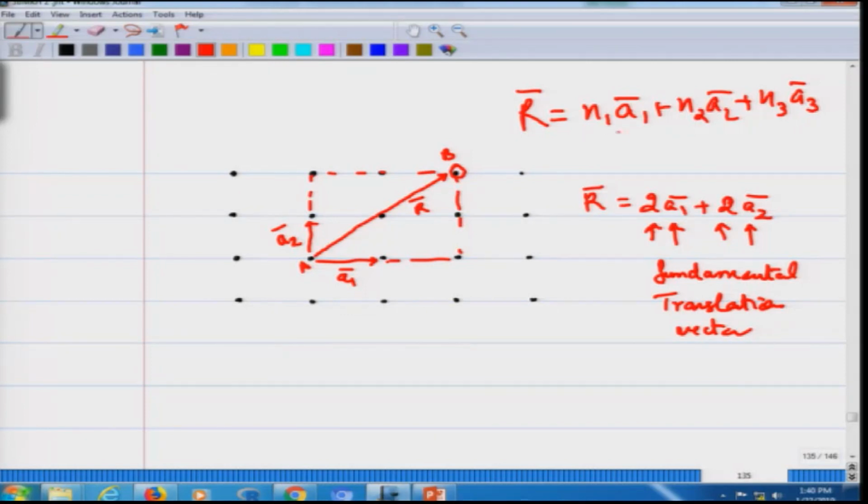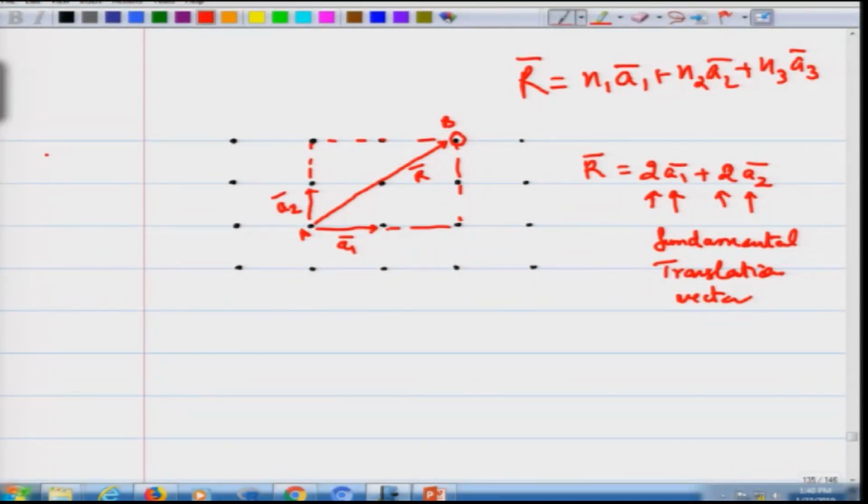For a 2-dimensional lattice, it will just be n1a1 plus n2a2, and this is an example of this translation vector. For any 2 points in the lattice, you can describe them with these 2 fundamental translation vectors a1 and a2, and then you can go from this point to this point using this translation vector, which in this example is twice a1 plus twice a2.